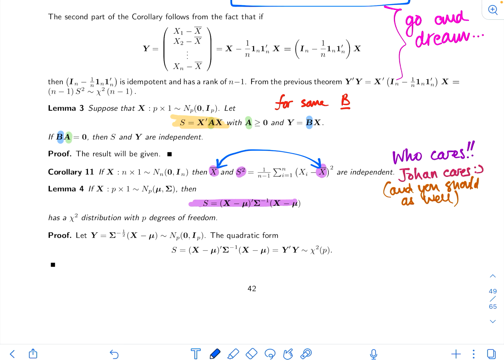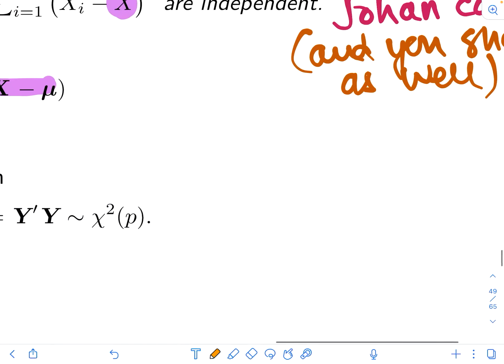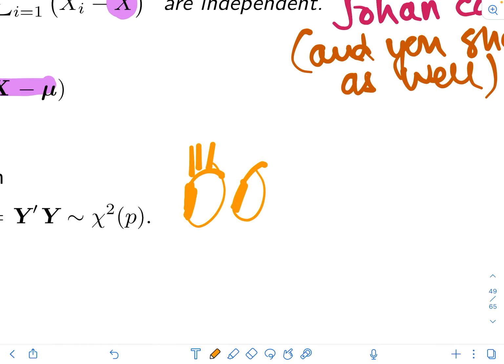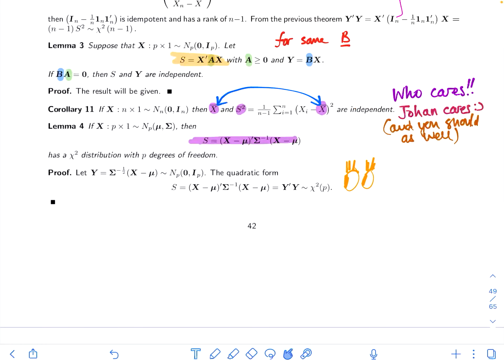You can go and have a look, I'm going to draw little glasses. Those are your eyes, you're looking, at why exactly that is true. Remember here, of course, that sigma to the power minus a half is, of course, the same as sigma inverse.